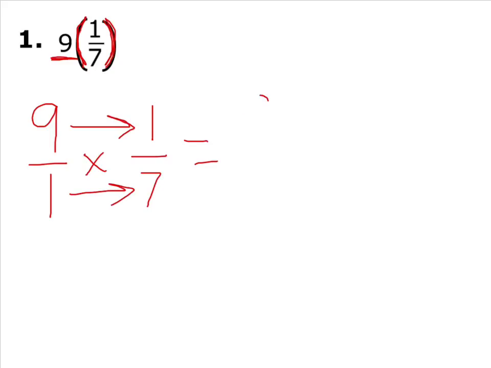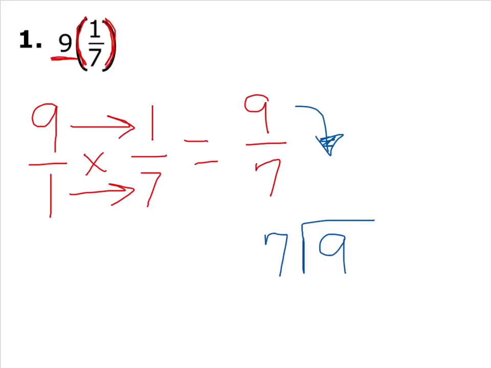9 times 1 is 9. 1 times 7 is 7. So, I get 9/7 as my answer. Now, I'm not done yet because I need to simplify that. If you remember, to simplify fractions, your numerator is going to fall into your division box. So, we're going to have 9 divided by 7.